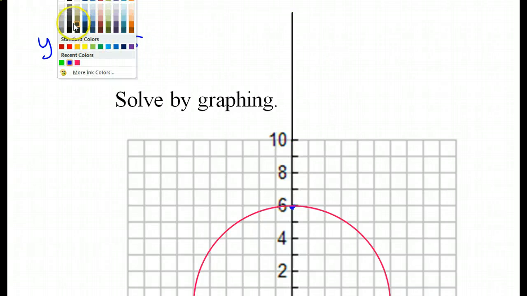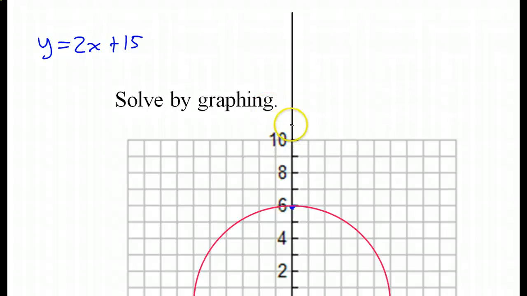Okay, you just do your best. So I need to get this up to 15. So let's see, we're going 1, 2, 3, 4, 5. Okay, so this is 15, right? 11, 12, 13, 14, 15. Okay, so this is going to be my y-intercept up here at 15.